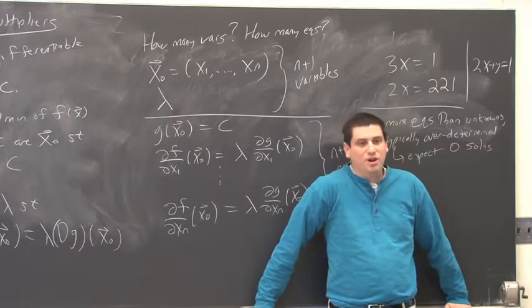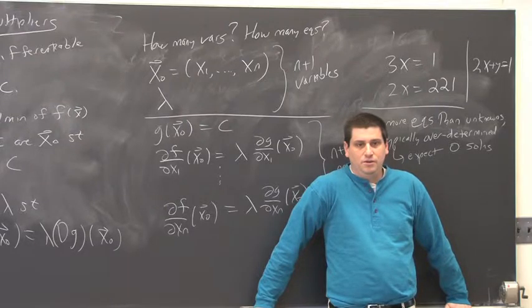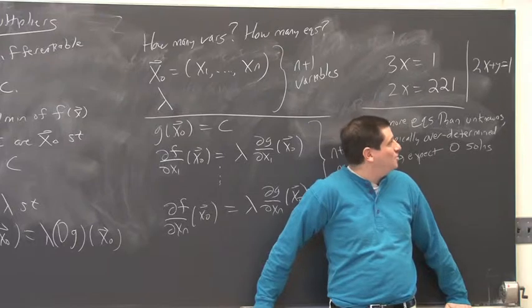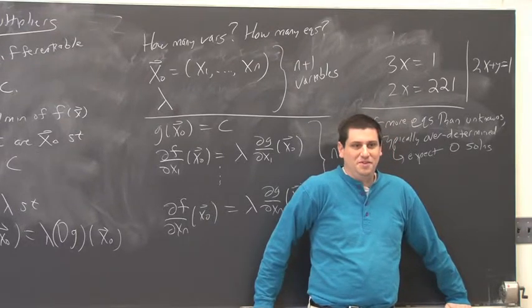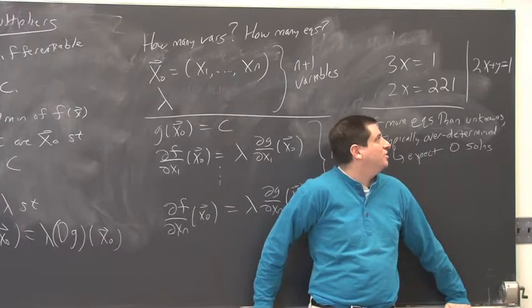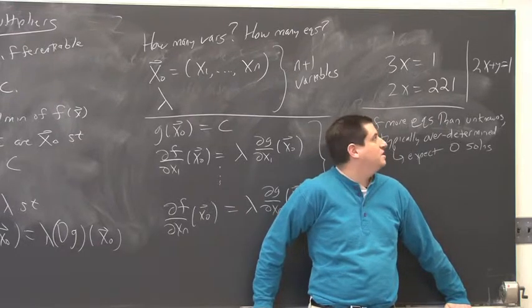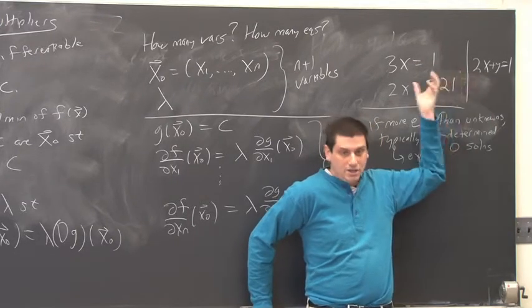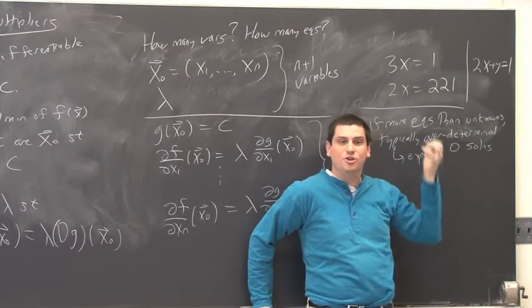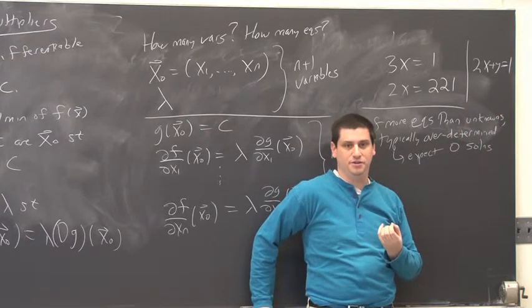You can write y and x in terms of each other, but can you give me a choice of x and y that solves it? Yeah, I can take x equals 0, y equals 1. I can take x equals 1, y equals negative 1. I can take x equals 2, y equals negative 3. I can find x and y. I can't solve it uniquely, but I can solve it.